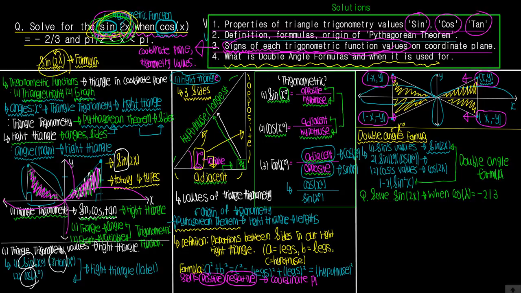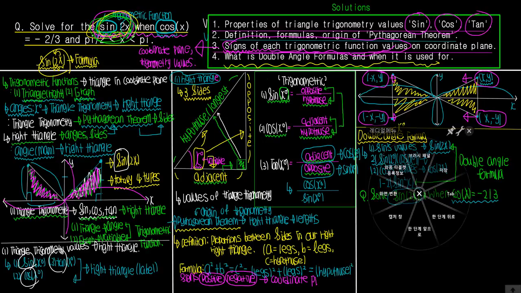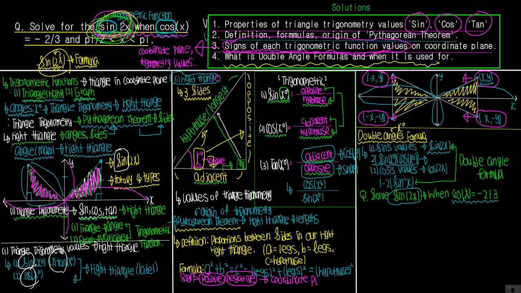And the main reason why they gave us the cosine value here is because we can simplify our sine of 2x into a double angle formula. And as we can see, this is formed by the sine and the cosine value. We are trying to solve for the sine of 2x, and they already gave us the cosine value. So in order to solve for the sine of 2x value, all you have to solve is the sine of our x value in order to finish this question.